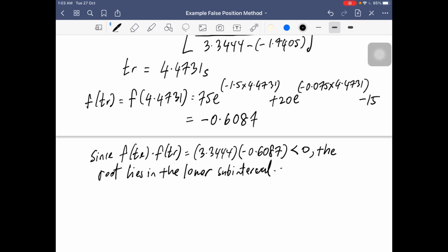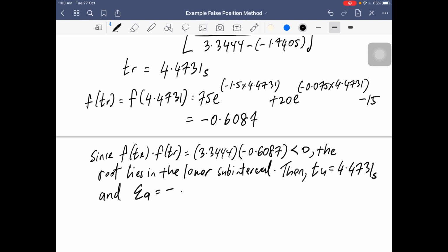Okay, then TU, we replace the value of TR, so now our TU becomes 4.4731 seconds, and the approximate percent relative error we cannot calculate at the first iteration, so we just put a dash.